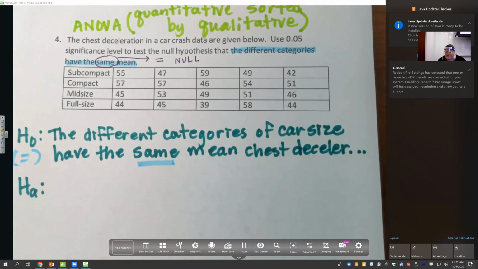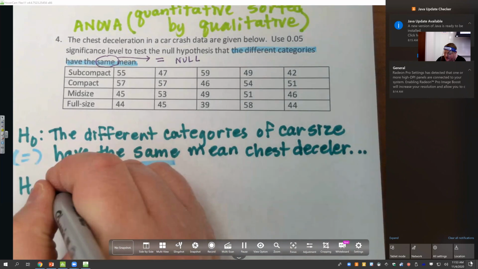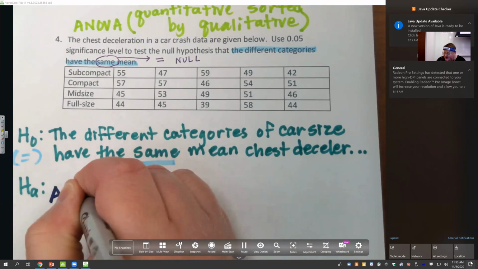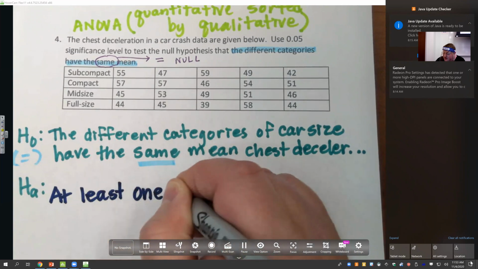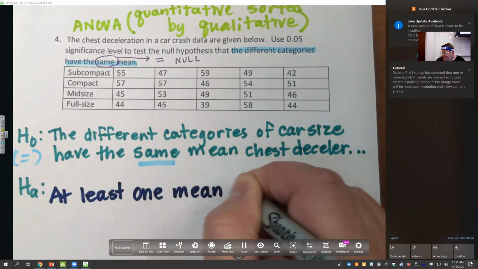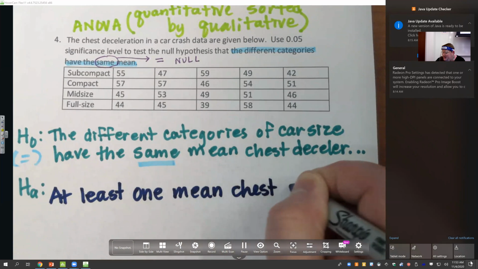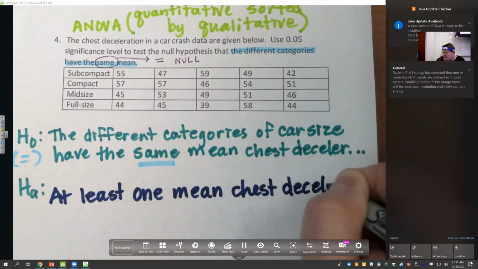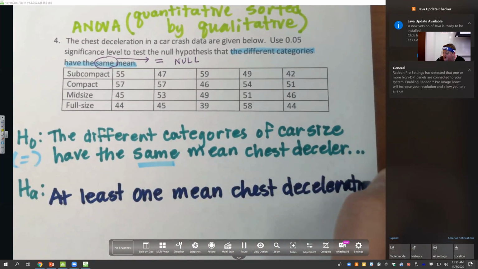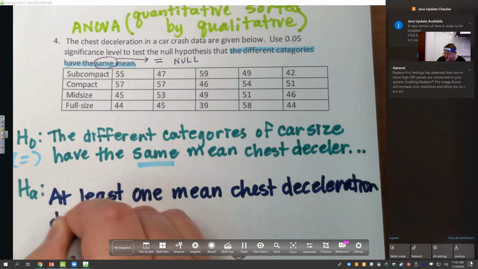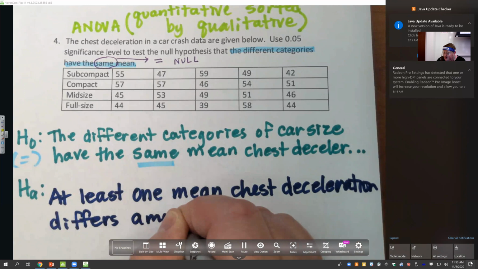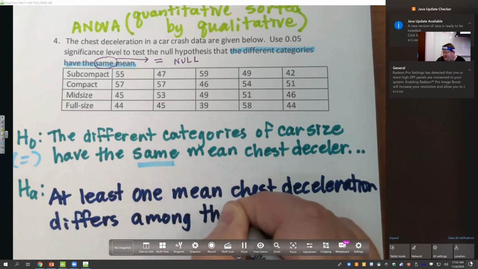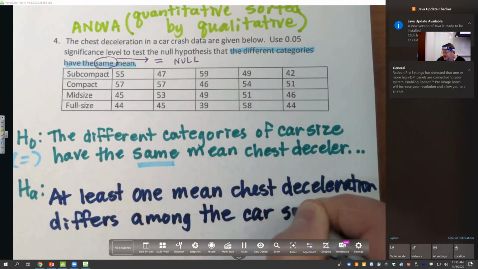Then my alternative, I'm going to say at least one mean chest deceleration differs among the car sizes.